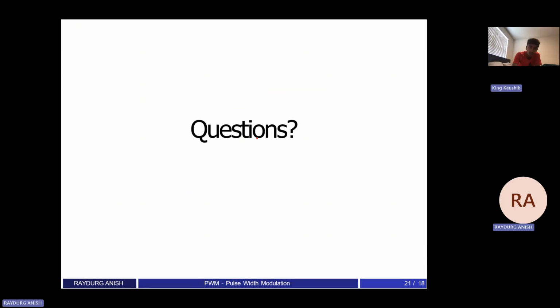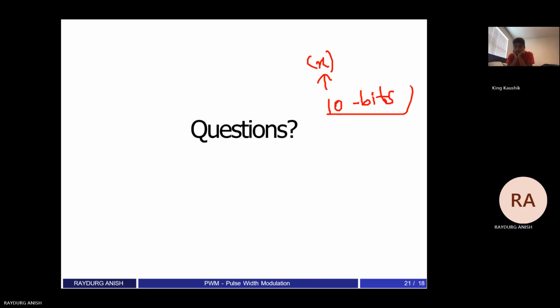Okay. Now I have another question. Suppose the analog value X can take up to, let us say, 10 bits. Now can you tell me, to get 75% of duty cycle, what should be the value of X?